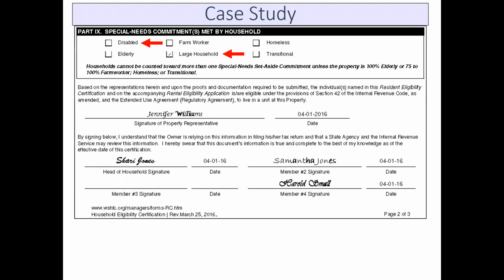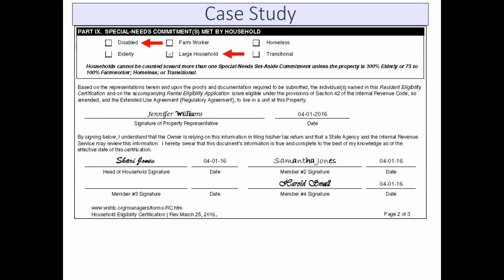It is a requirement that site staff sign off on the housing eligibility cert. We recommend that on at least move-in certifications you have all of the household members sign the certification. On recertifications, we don't require it, and it's totally up to you whether or not you want to have the household members sign.